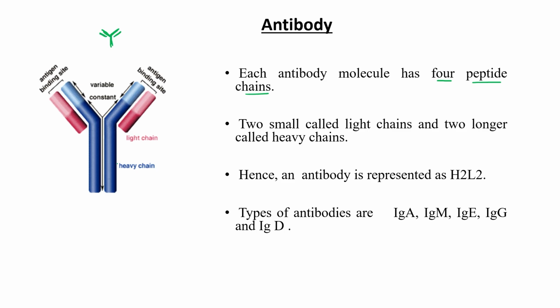In this Y shape, these two light pink color chains are known as light chains, and the blue ones are known as heavy chains. Antibody contains two small chains or light chains and two long chains or heavy chains.